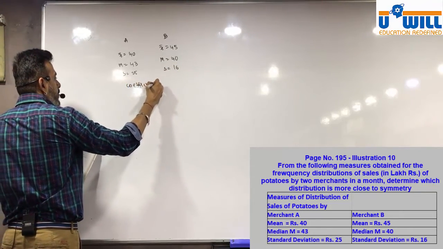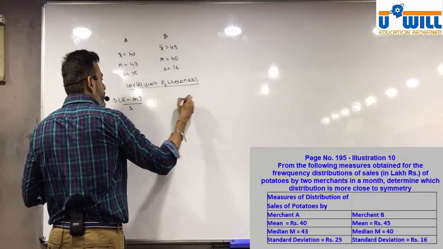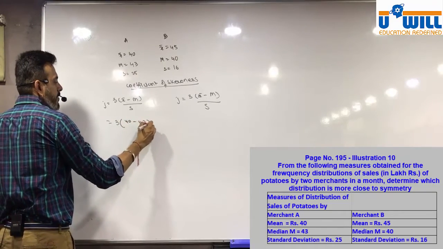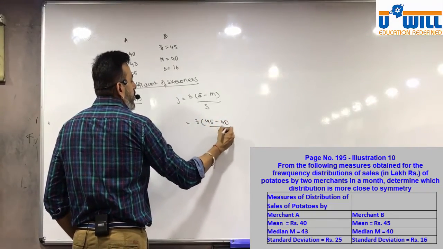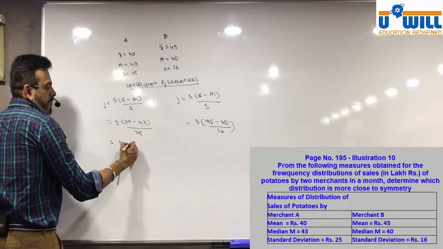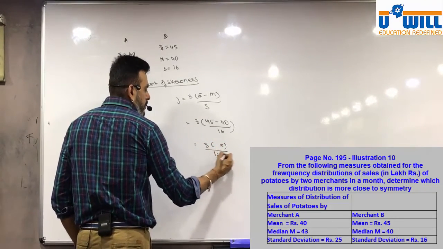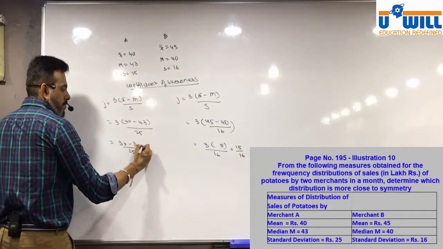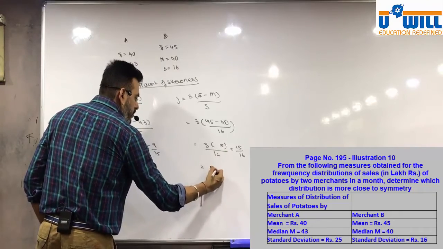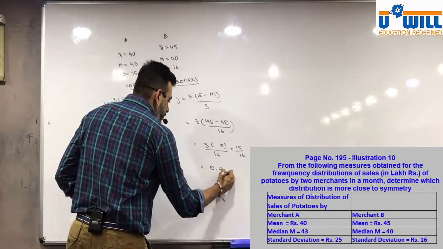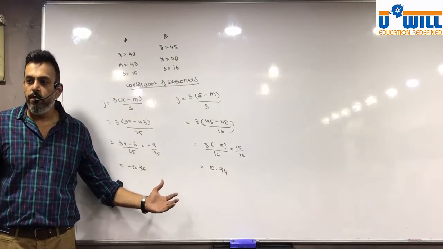Coefficient of skewness 3 x bar minus m upon s. 3 into 40 minus 43 upon 25. 3 into 45 minus 40 upon 16. 0.9375, so 0.94.